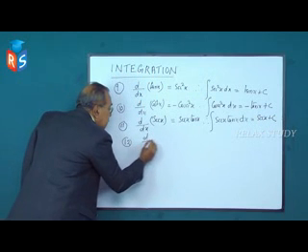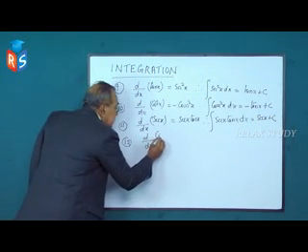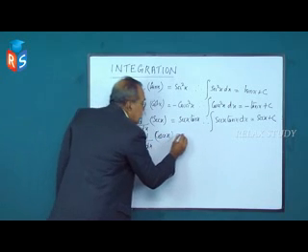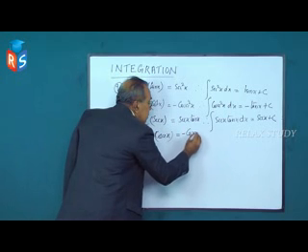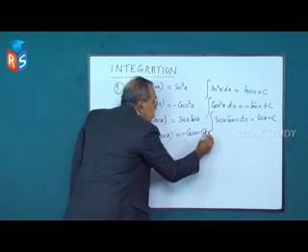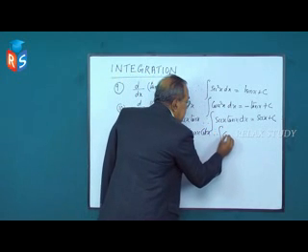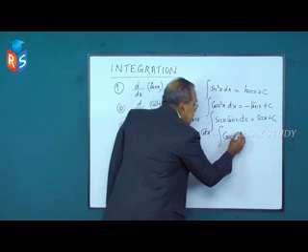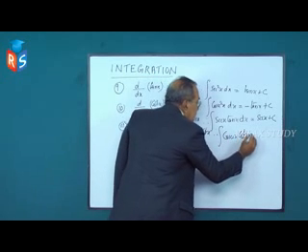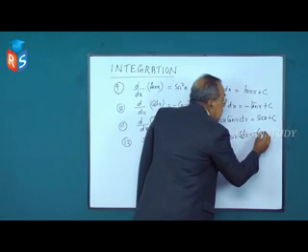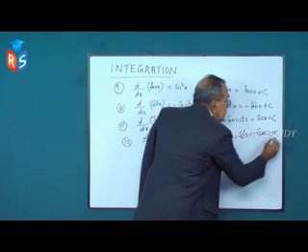D by dx of cosec x is equal to minus cosec x cot x. Therefore, the integral of cosec x cot x is equal to minus cosec x plus c.